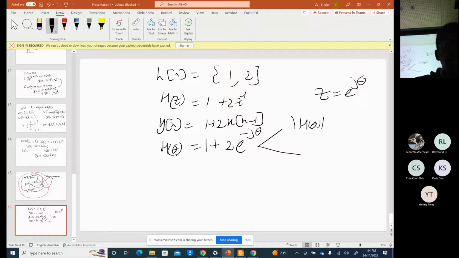Then what else should you be able to find? The pole zero diagram. How do you get the pole zero diagram for this one? 1 plus 2 z to the minus 1 equals 0. Multiplying by z, z plus 2 equals 0, so z equals minus 2.